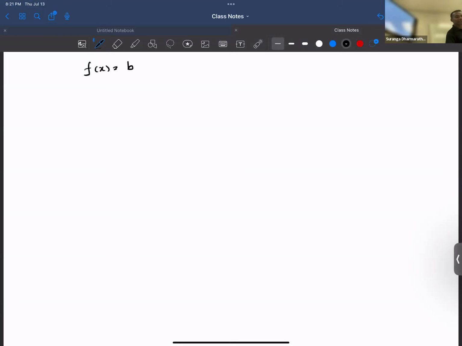Right? So what is f prime of a for constant b? Let's find it out. Limit h goes to 0 of f of a plus h minus f of a, divided by h.